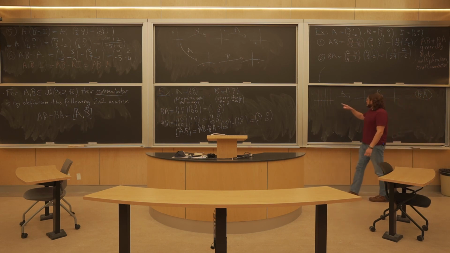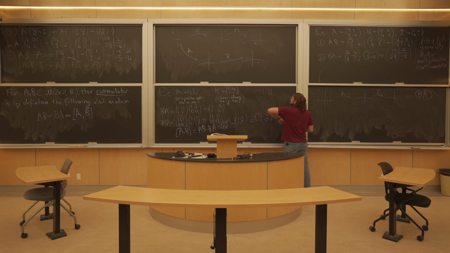Now when I apply B to any one of these points, any such point is going to be of this form, right? Which means that this is going to look like x, and then x.